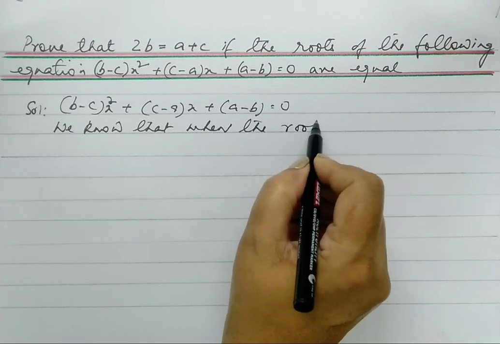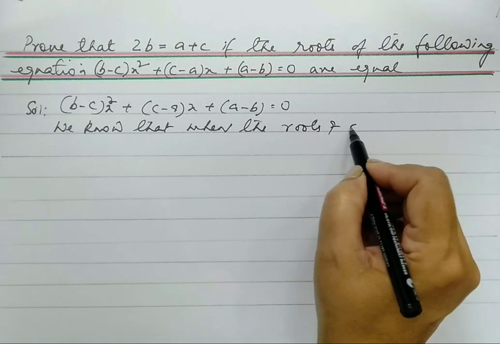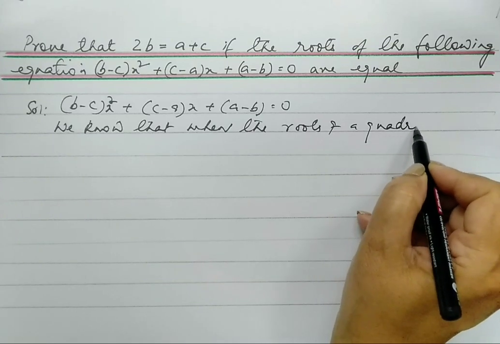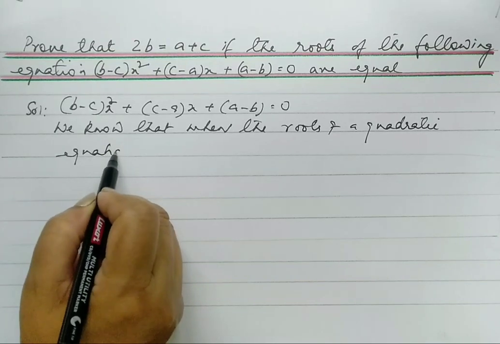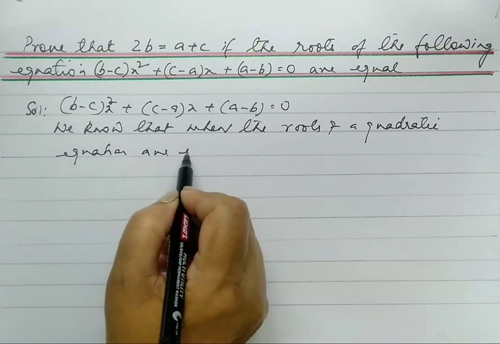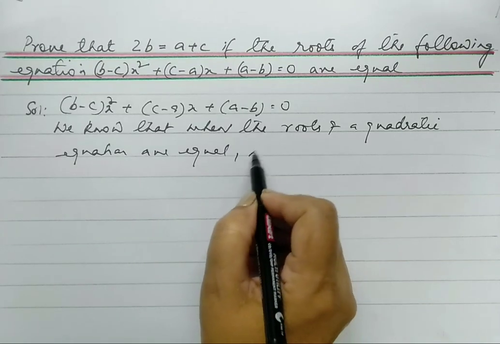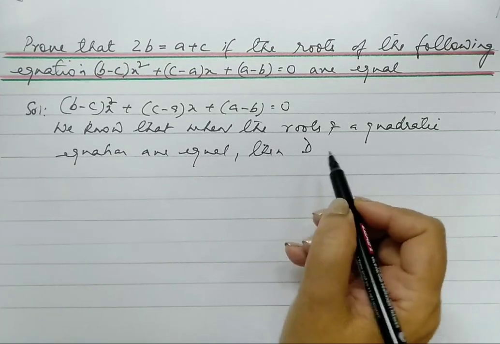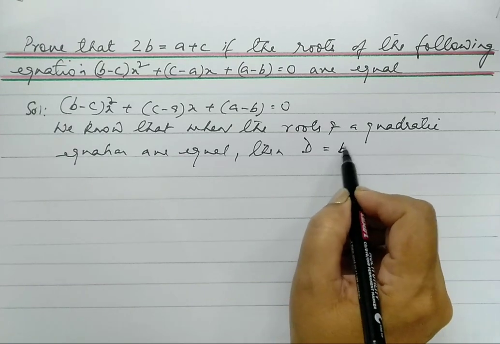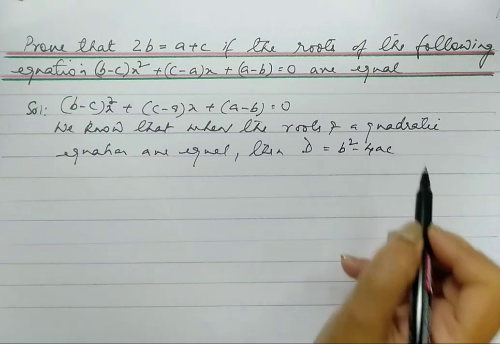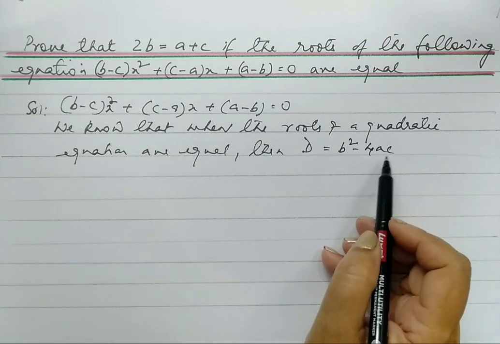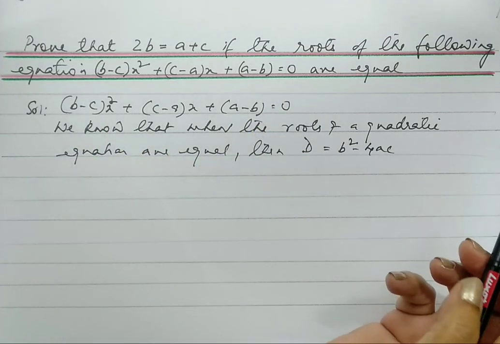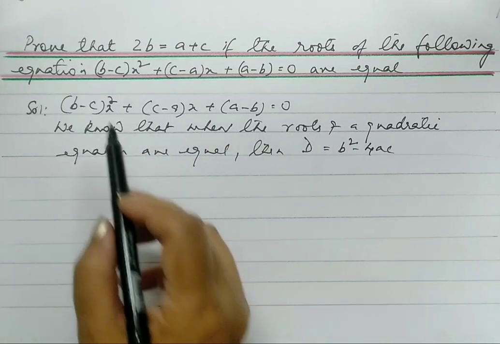So when the roots of a quadratic equation are equal, then D, the discriminant, has to be equal to b square minus 4ac, isn't it? Now we have to find our a, b and c from the quadratic equation given here.